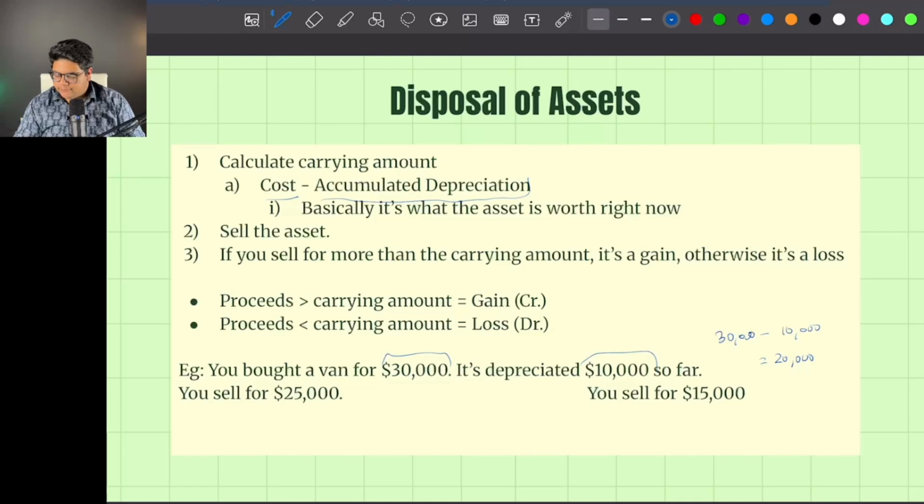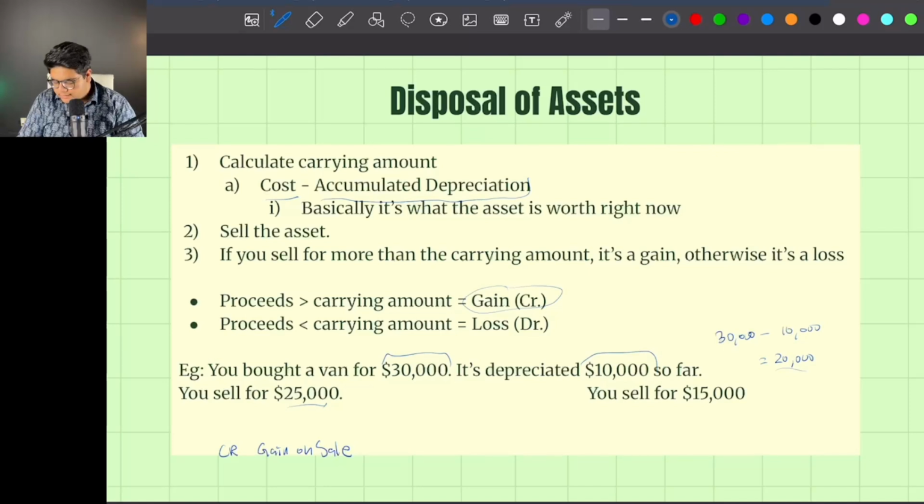So let's say scenario one, we sell it for $25,000. Well, the entry for that is, we already know that our proceeds, 25K, is greater than the carrying amount, 20K. So we know we're going to have a gain. We already know we're going to have a credit for a gain on sale, and the amount, we're going to calculate that. So you sell something for $25,000. Someone gives you cash for $25,000.